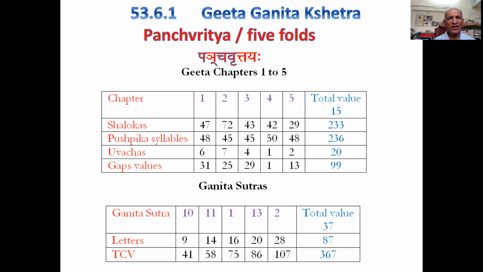Still further, it also will be very blissful to take note that the total vachas, the punctuations of the text of Gita chapters 1 to 5 is 20, and the numbers range 1 to 20 is yielding precisely 37 factors.